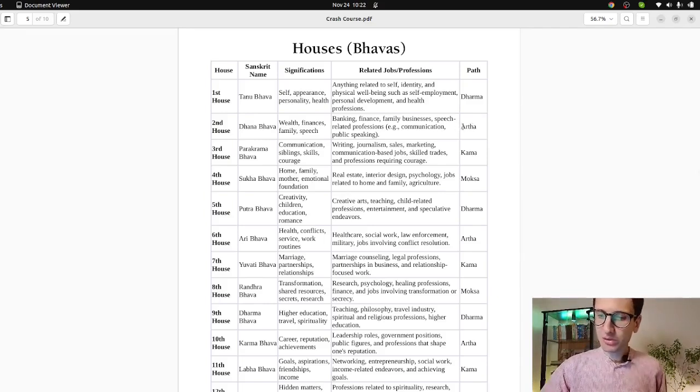So the 2nd house, I believe, in terms of Artha, we should start the journey from the 6th house, because the 6th house is the house of service, right? And in order to gain, you have to do some sort of service.